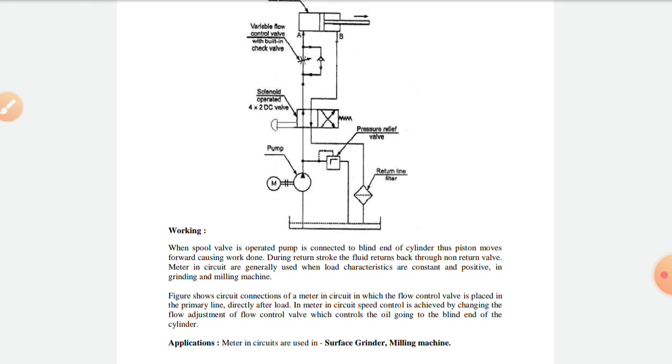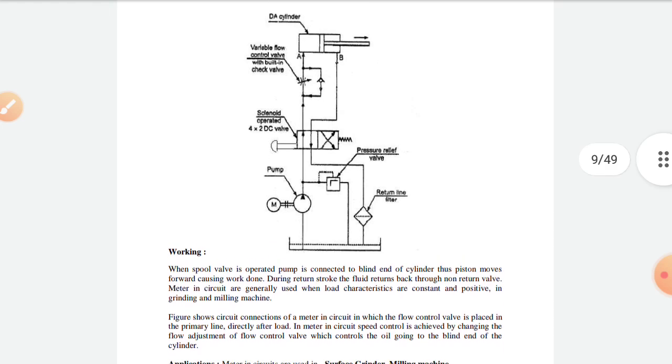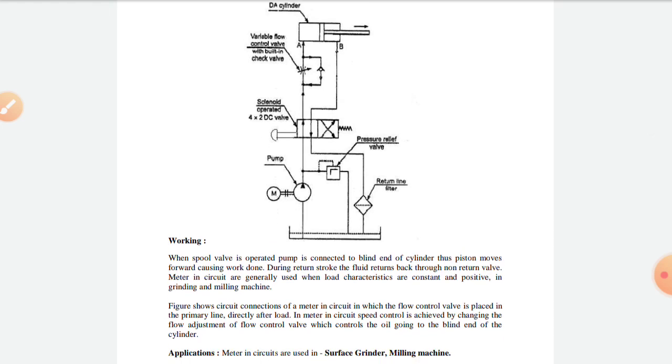Meter in circuits are generally used when load characteristics are constant and positive, as in a grinding and milling machine. The figure shows circuit connections of a meter in circuit in which the flow control valve is placed in the primary line directly after load.